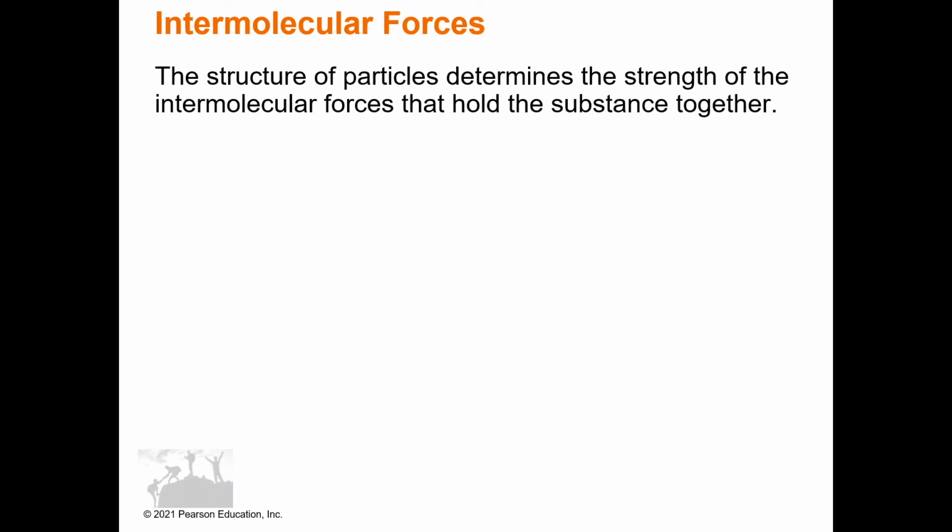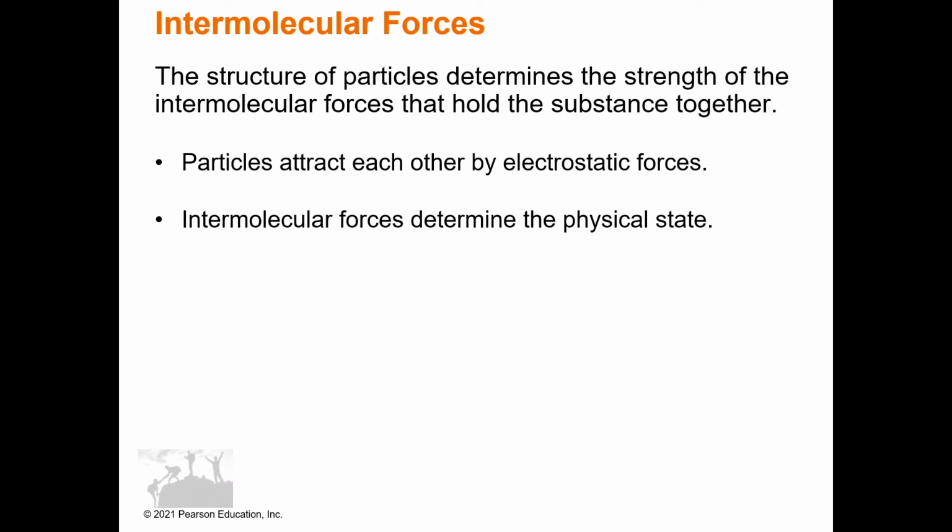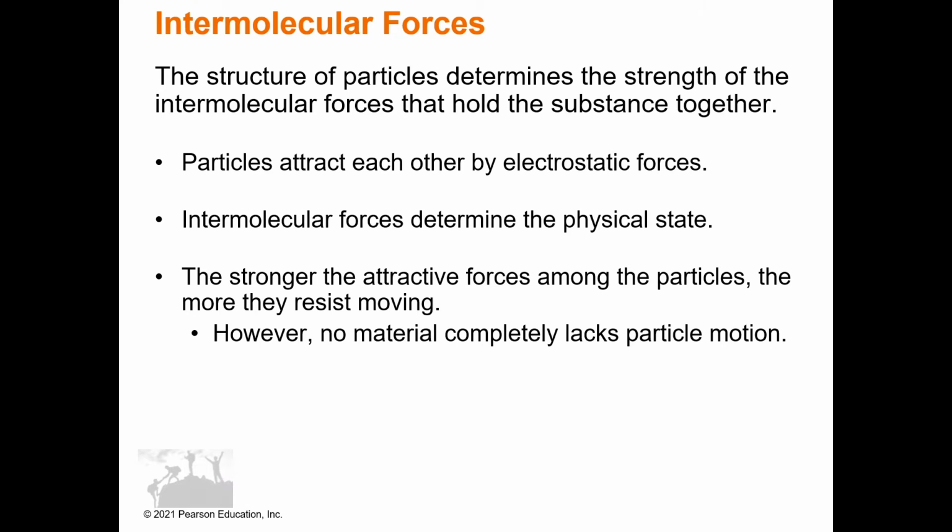Now let's start taking a look at the different types of intermolecular forces. These are the forces found in between molecules, and they're the ones that determine the physical state of a substance.